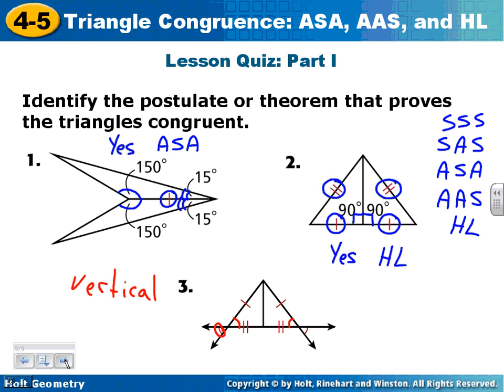So it looks like the angle is between 2 sides. So I would say yes. These triangles are congruent because of side, angle, side. Again, because the angle is between the 2 sides. So the letter A goes between the 2 S's.